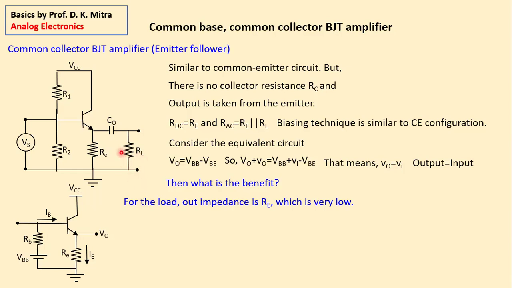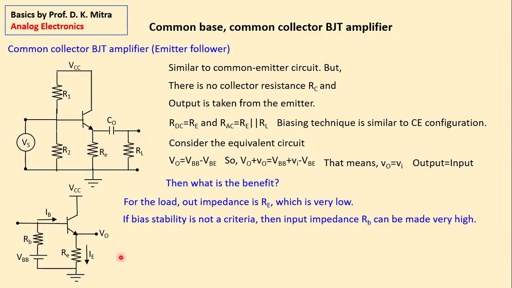For the load, output impedance is only Re. And we have seen right from beginning of biasing configuration, Re value is very low, of the order of 100, 150 ohm. So your friend who has come here with the load resistance will like your amplifier because your amplifier output impedance is very low, Re.